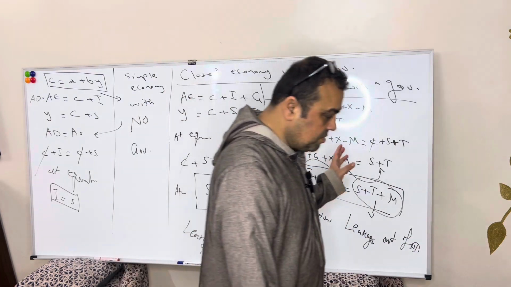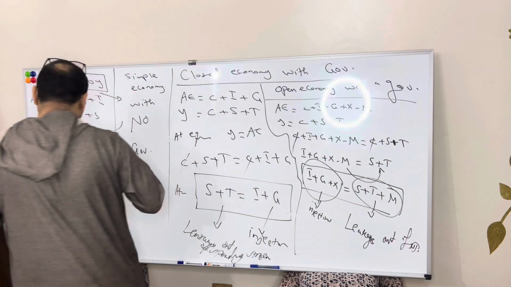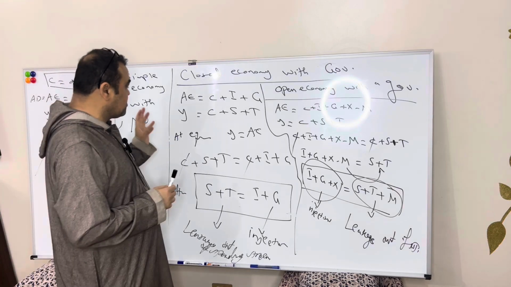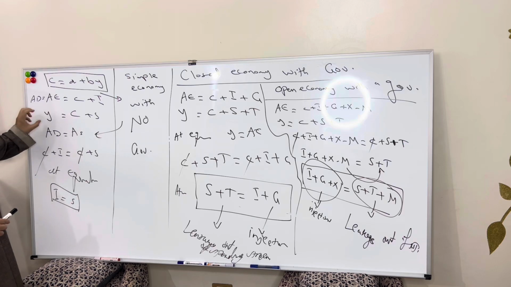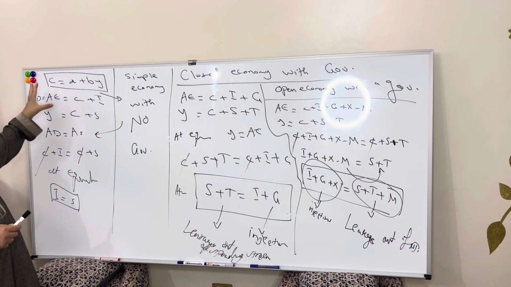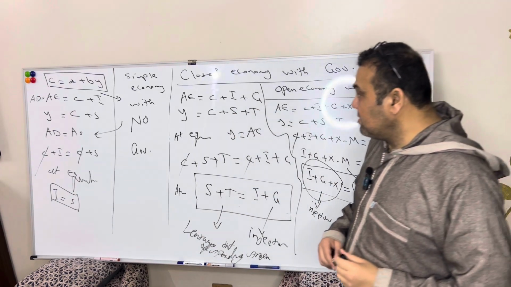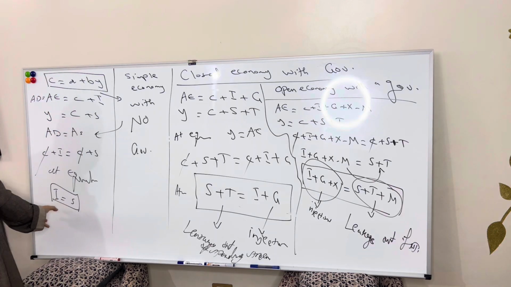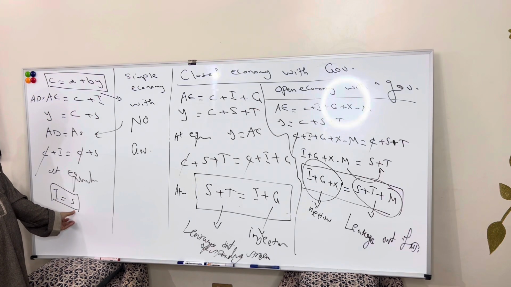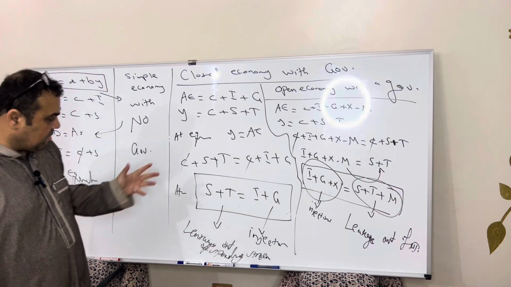So here we have three types of equilibrium. In general, the equilibrium occurs when aggregate demand equals aggregate supply or aggregate income. We have three models. The first model is the simple economy with no government. The equilibrium occurs when investment equals saving. We expanded the model and added the government to the economy.